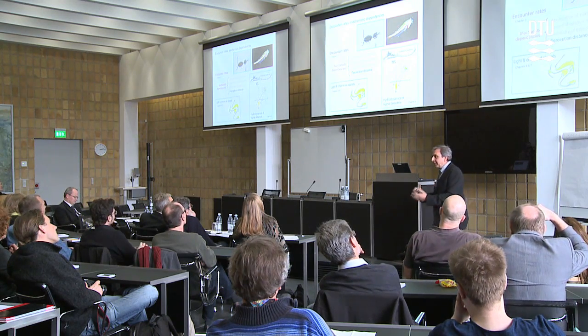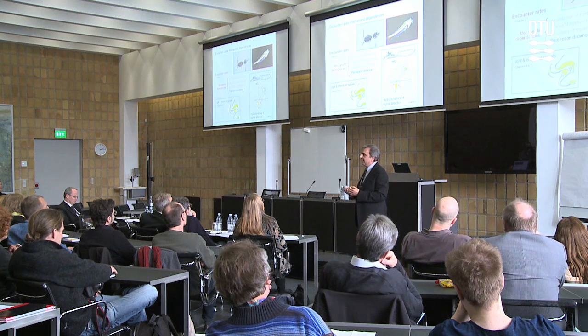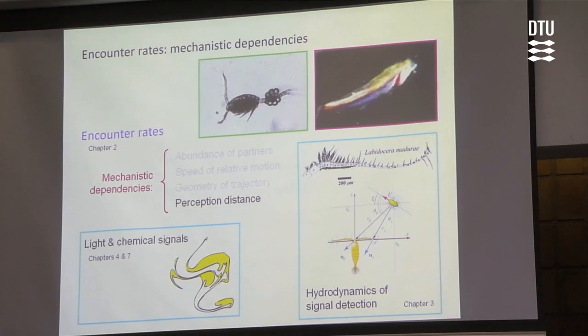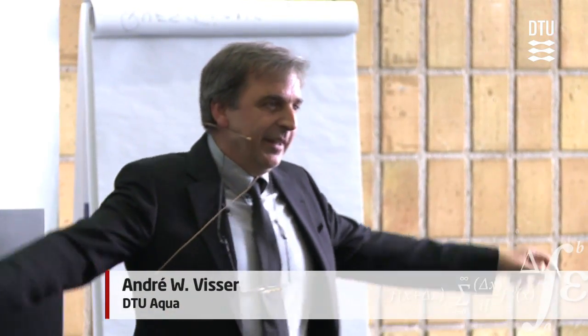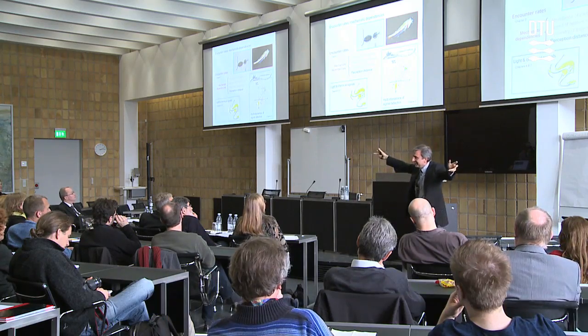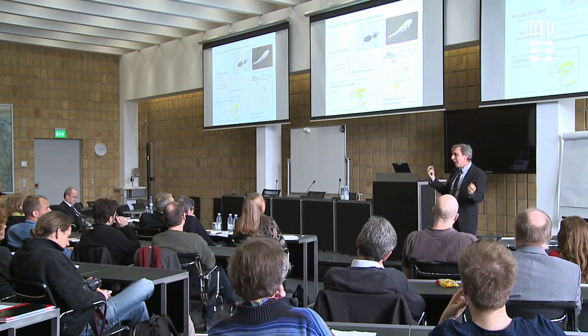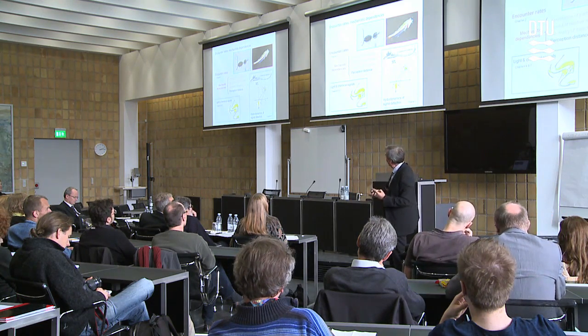And then there's perception distance. Perception distance is critically important for encounter rates, and many marine zooplankton species use hydrodynamic signals in detecting their surroundings. They're blind, they live in this fluid environment, they have these antennae, and Mimi, you can do this much better than me, but they have these antennae from which they can derive information about the movement of water, of organisms within the water, and there's a whole fascinating mathematical side of that that you can actually go into.